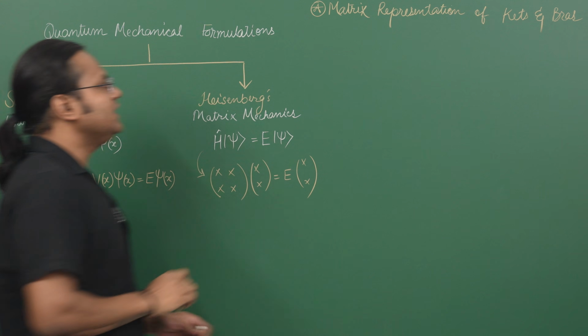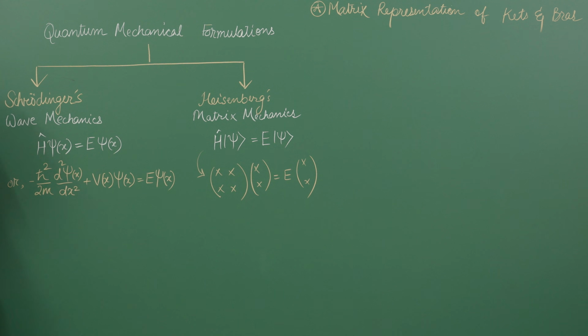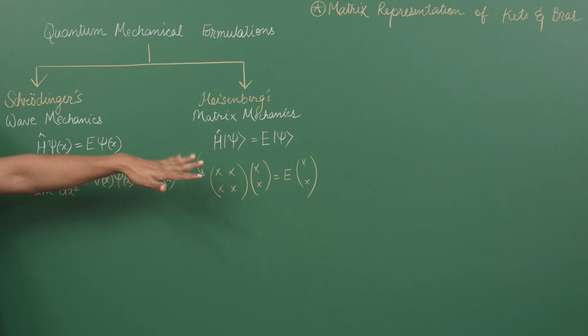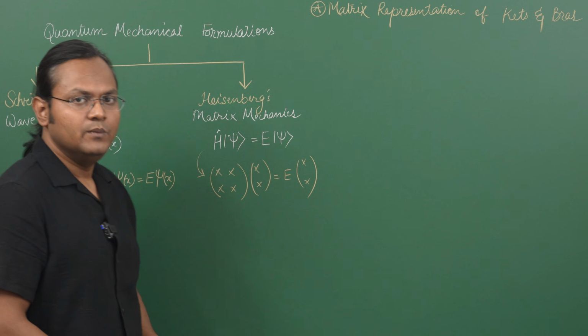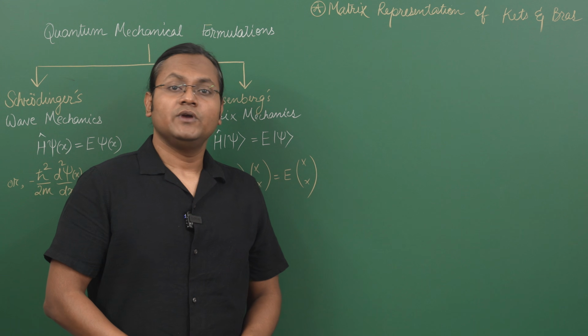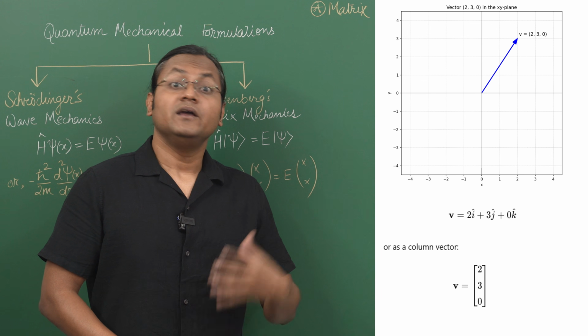So if you have any kind of a difficulty here, just keep in mind that the quantum state or the ket vector is represented as an abstract vector in Hilbert space, just like a geometrical vector is represented in a Euclidean space.